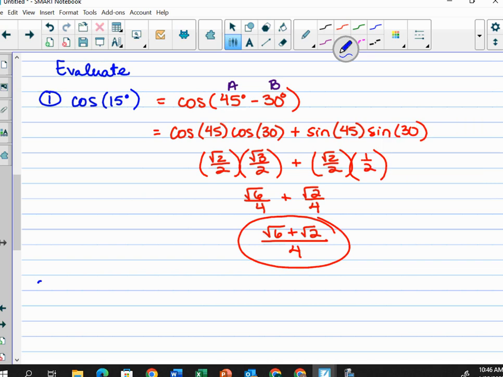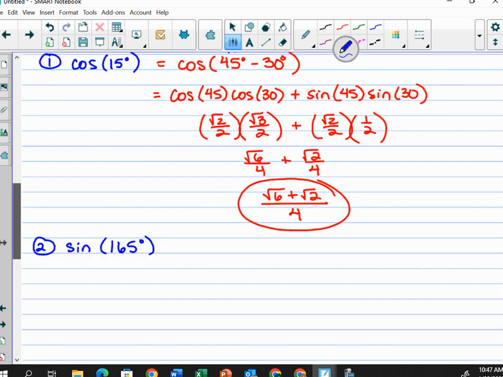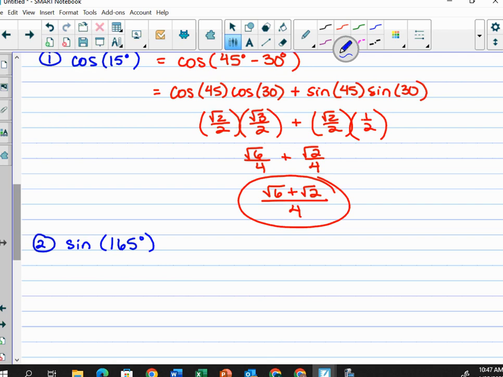Okay, you guys are going to try one. Pick your angles, guys.